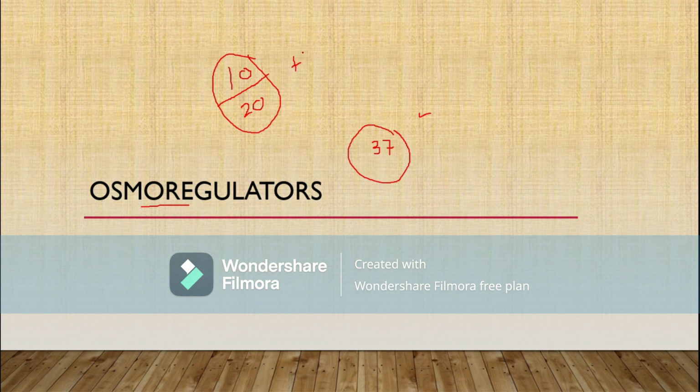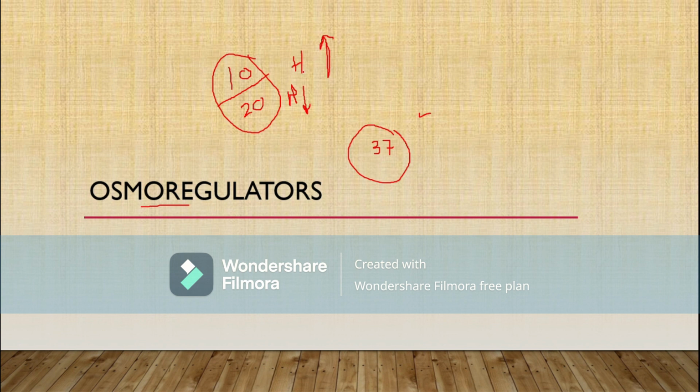If the environment is hypotonic, it means there will be a high amount of water in the environment. And when the environment is hypertonic, then there will be a low amount of water in the hypertonic environment. Or you can simply say that the salt water environment is hypertonic and the freshwater environment is hypotonic.